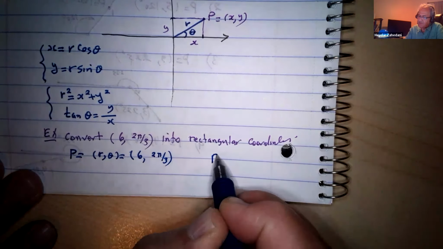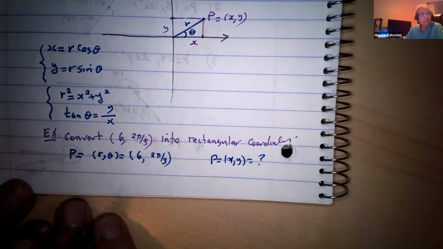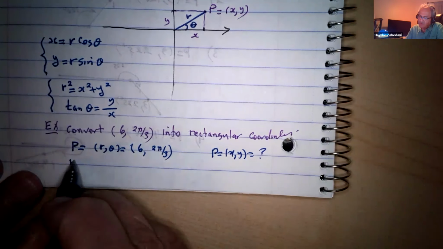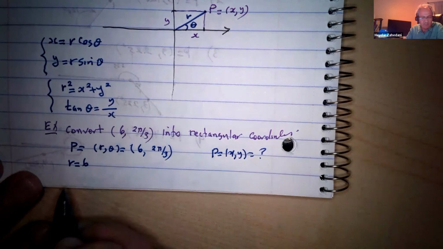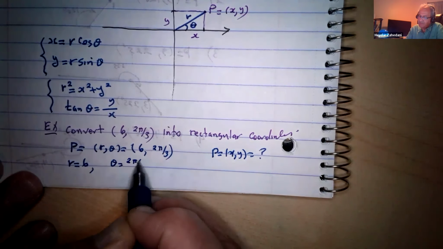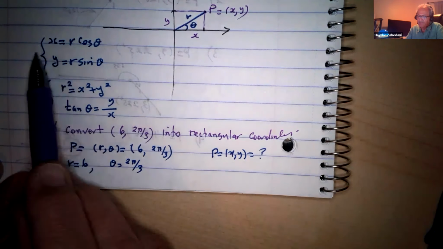Your job is to change it to X comma Y. So in this case, R is equal to 6, and theta is equal to 2π/3. You want to find X and Y.